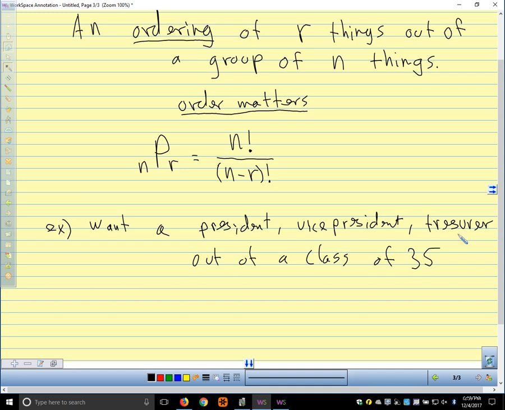So this gives us some information about how we want to order these 3 things. We want it in the order president, vice president, secretary, or treasurer, sorry. So if this is 1, 2, 3, that's different than if the president, vice president, and treasurer are 3, 2, 1, even though it's the same people. So the order matters. So I'm going to say order matters. So this is a permutation.